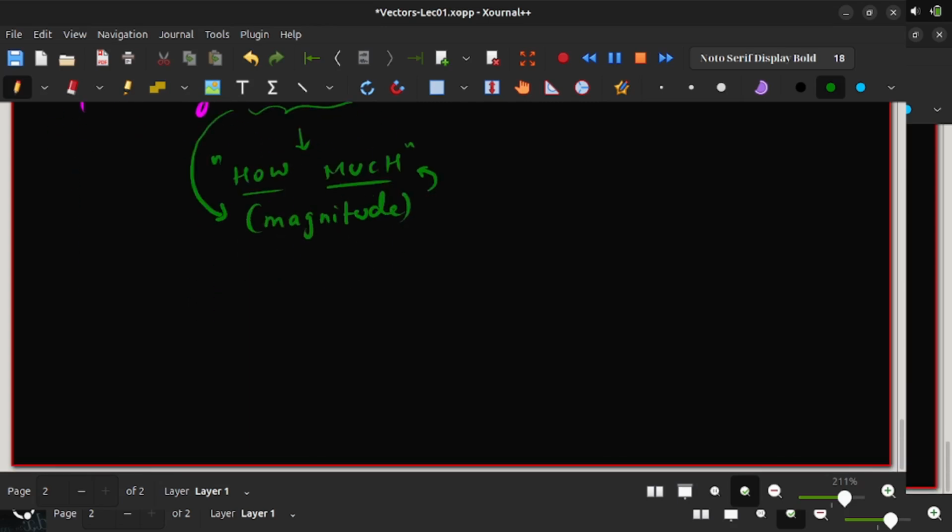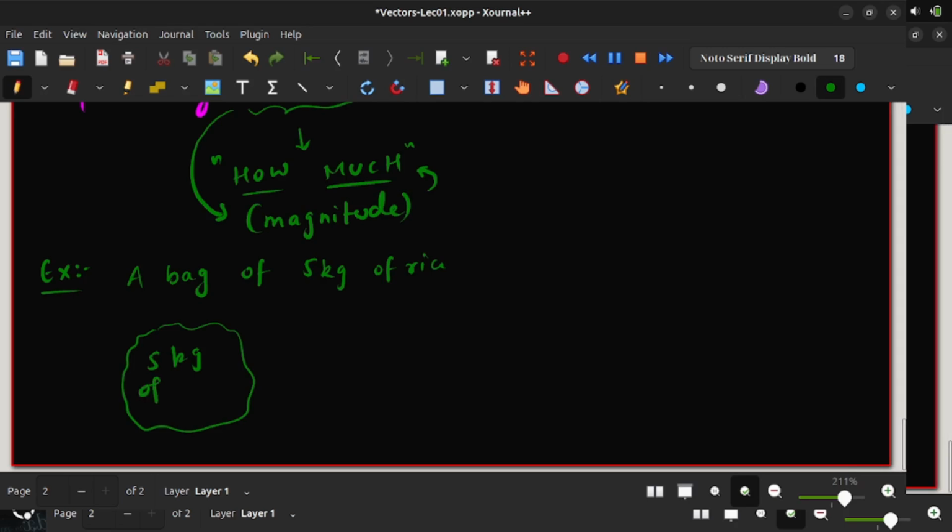Let me give you an example. If you have a bag of 5 kilograms of rice, and a person wants to buy this bag, the first question he asks is, what is the amount of rice that is inside?